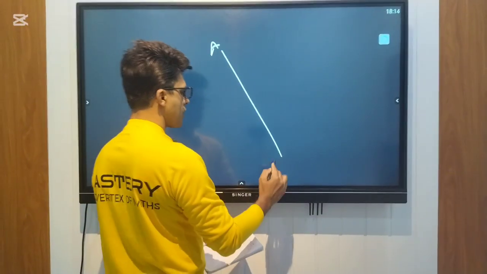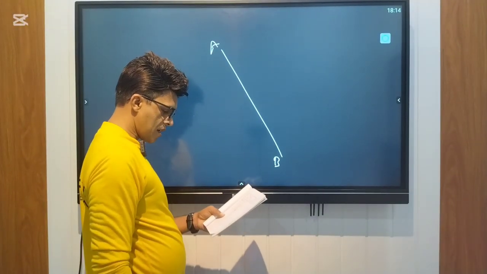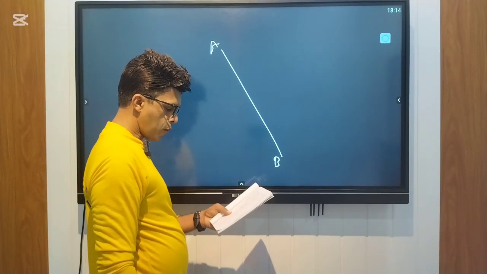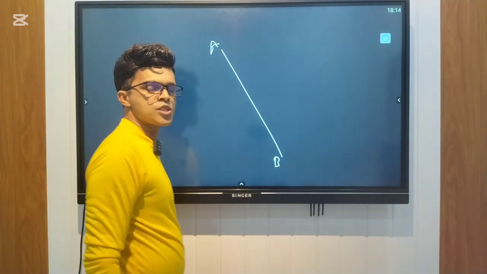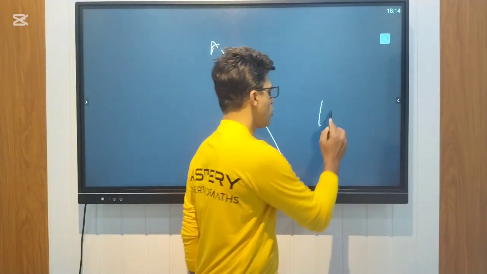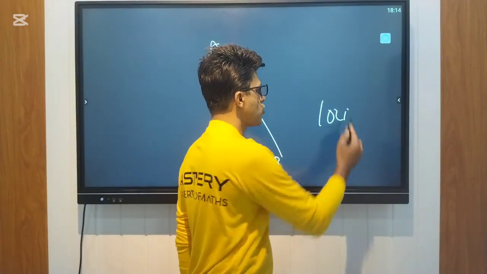This is A, this is B. In order to find the point P, we need to use the knowledge of loci here. We need to find the perpendicular bisector.